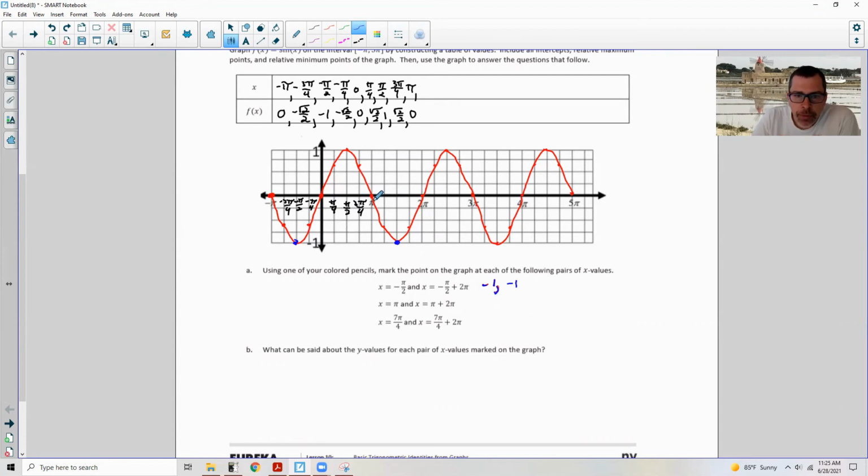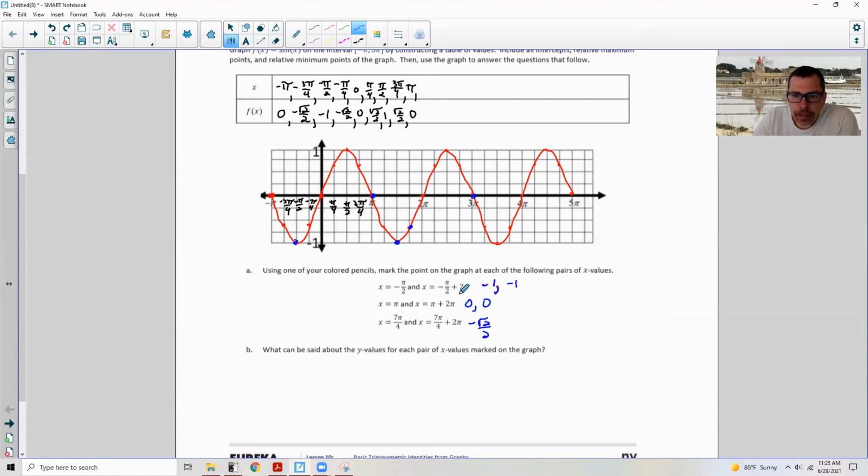So then if I pick the point pi, that is 0. Add 2 pi to pi, you're at 3 pi. That is also 0. Seven pi over 4. Well, this is 3 pi over 4, 4 pi over 4, 5, 6, 7 pi over 4. We're at negative root 2 over 2, which is right here.